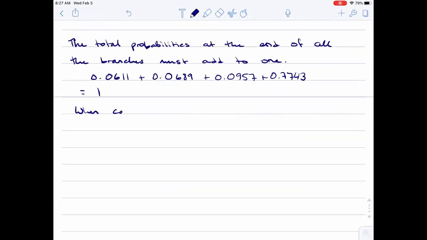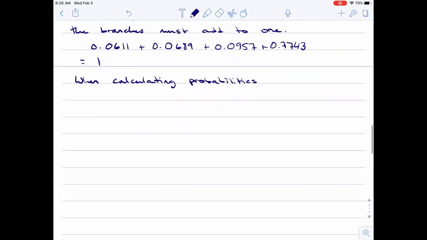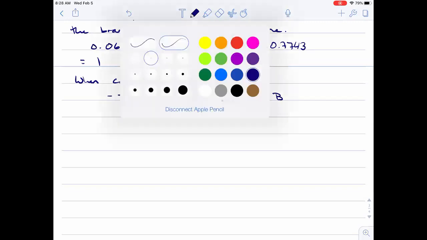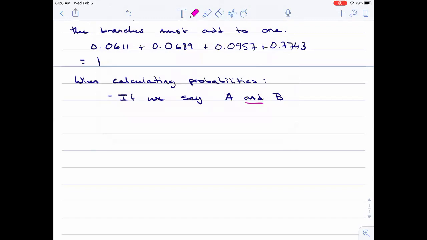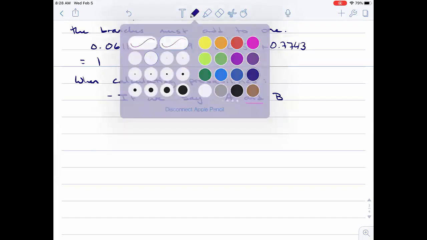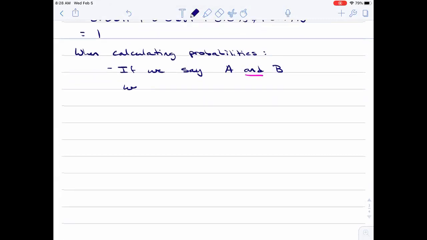When calculating probabilities, if we say A and B, right, whatever they are, we multiply the probabilities.